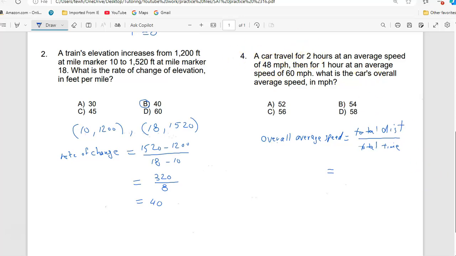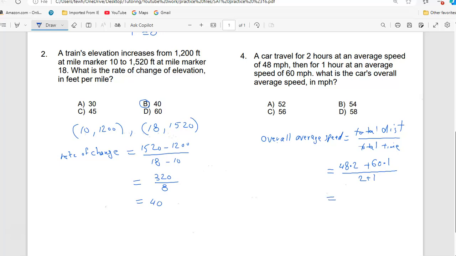That is 48 multiplied by 2, plus for the second part, which is 1 hour at a speed of 60, you multiply 60 times 1. That is the total distance, divided by the total time, which is 2 hours plus 1 hour.